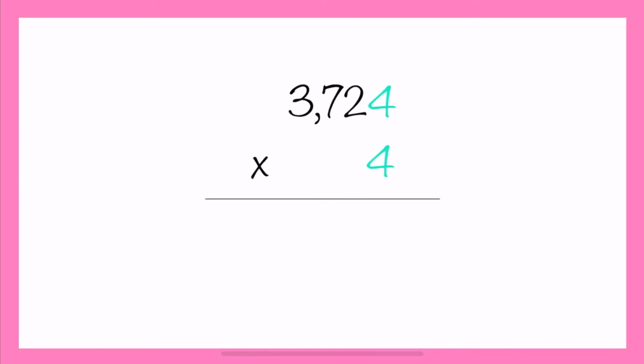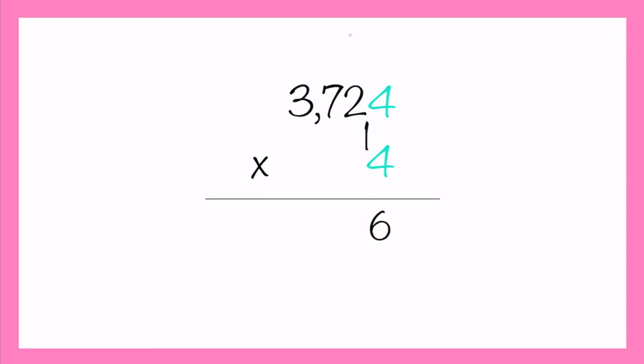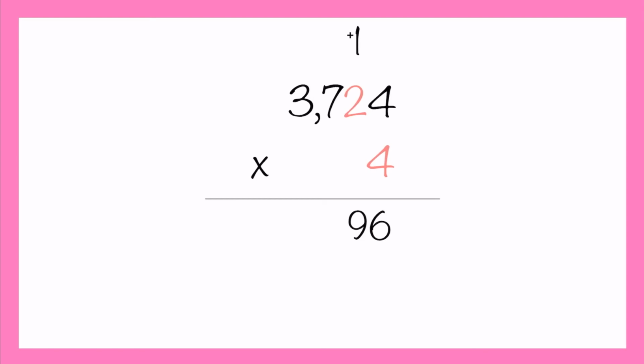First, 4 times 4. 4 times 4 equals 16. The 6 stays at the bottom and we carry the 1 to the top of the next place value. 2 times 4. 2 times 4 equals 8. Plus the 1 at the top equals 9. Easy.